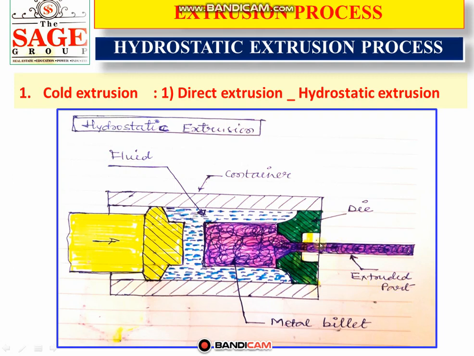The shape of the die may be circular, rectangular, triangular, whatever we require in the final product. This is the metal billet, and at the other end of the container the plunger or ram is attached, and there is a fluid surrounding the metal billet.